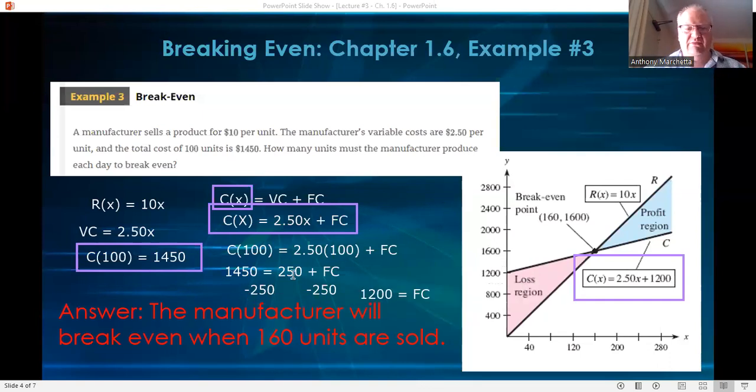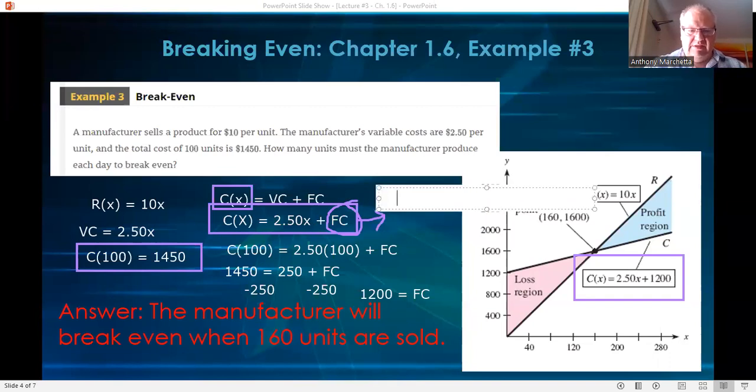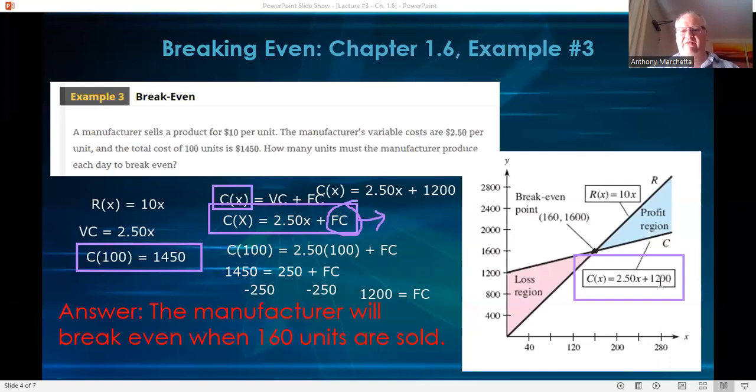Now, if I take 1200 equals the fixed costs and put that right here, then you'll see that this becomes C of X equals 2.50X plus 1200. Like that. Okay, and there's our answer, 2.50X plus 1200.